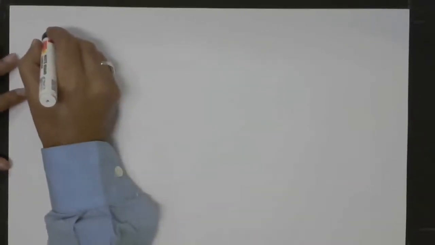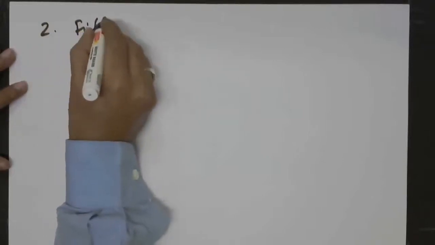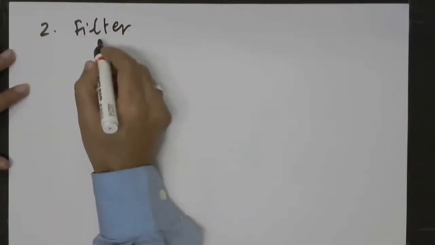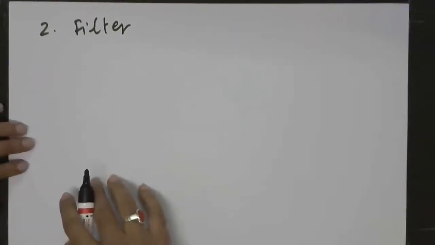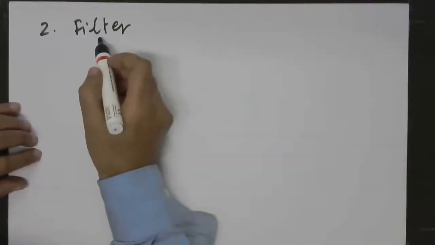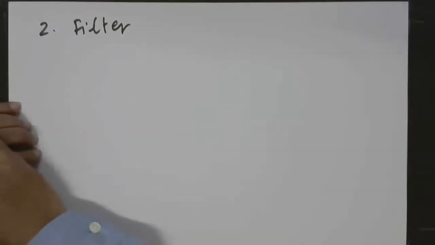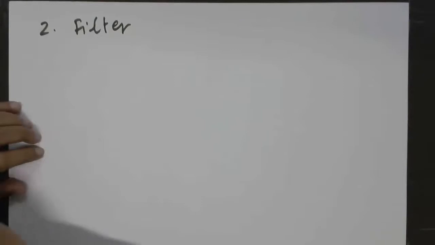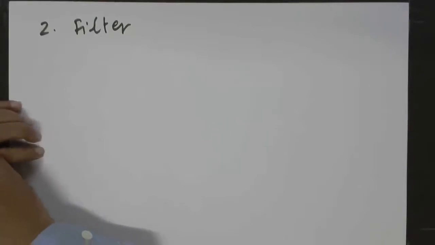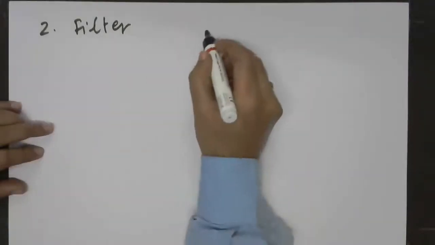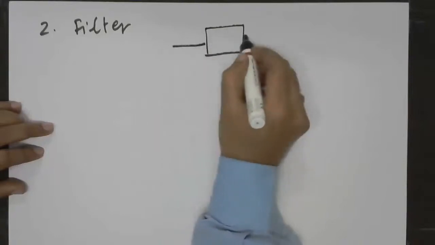Now the second major circuit in the audio system was filter. So this is going to be the second major module for this course. And filter, as we know, basically stops certain content which is fed to the filter circuit.